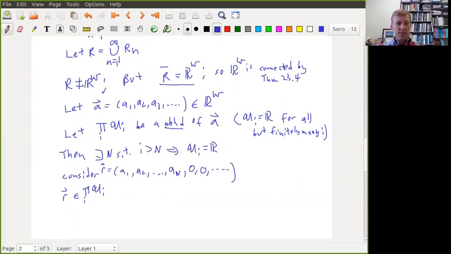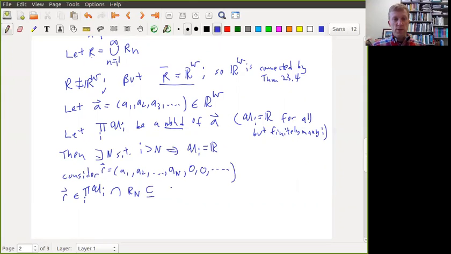So r is definitely in this neighborhood, and it's also in R^N, the set of all points whose coordinates except the first N are 0.